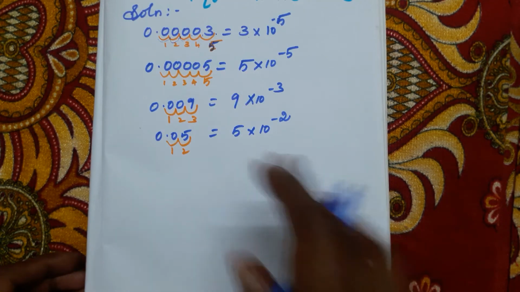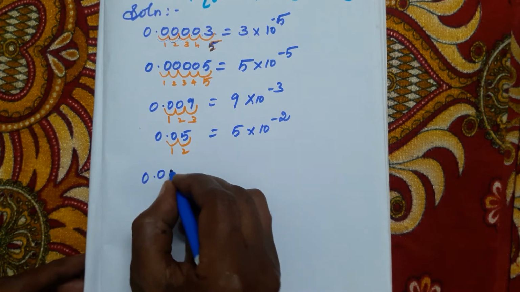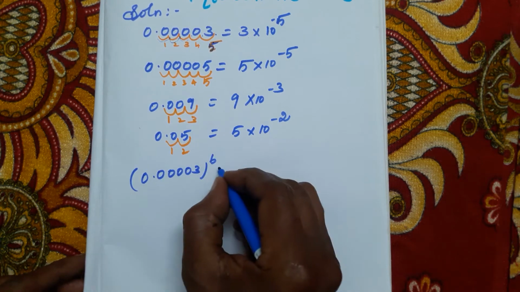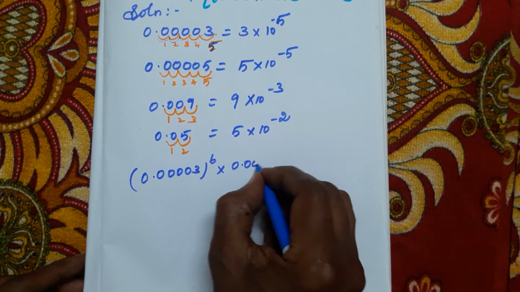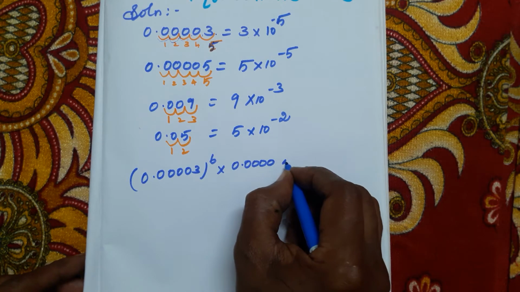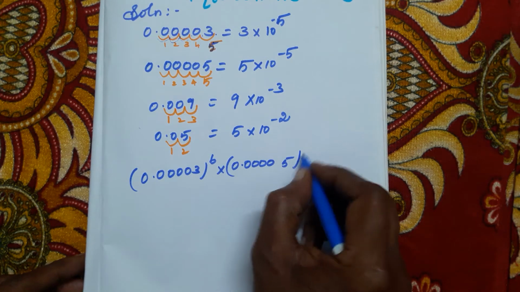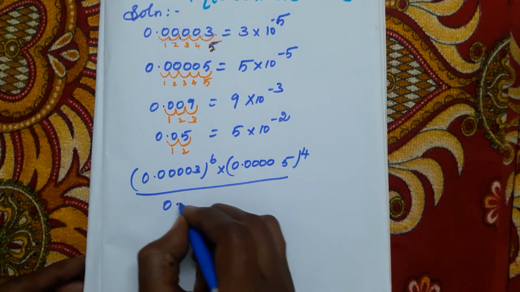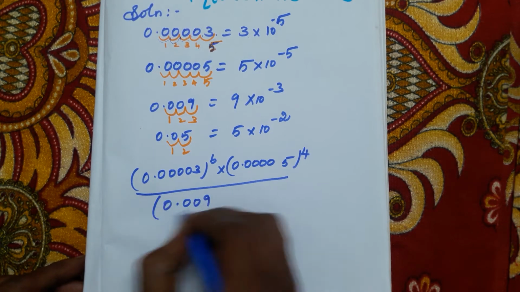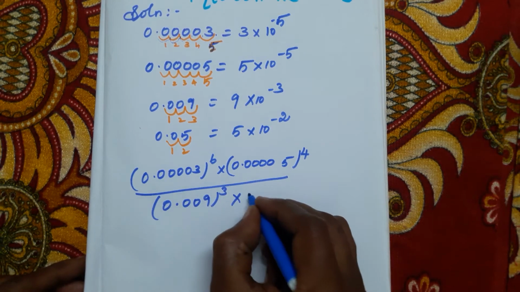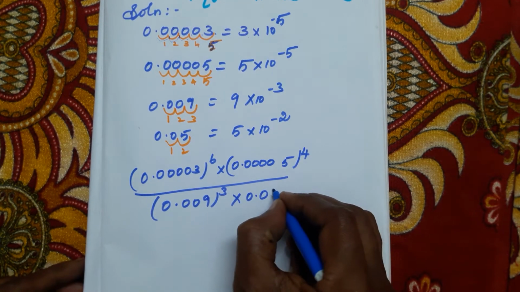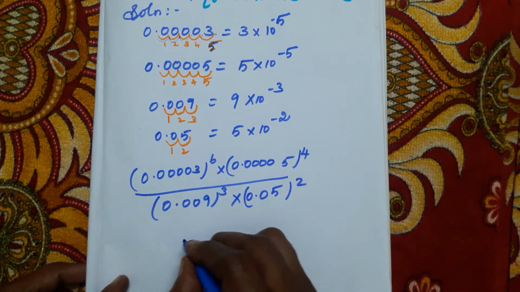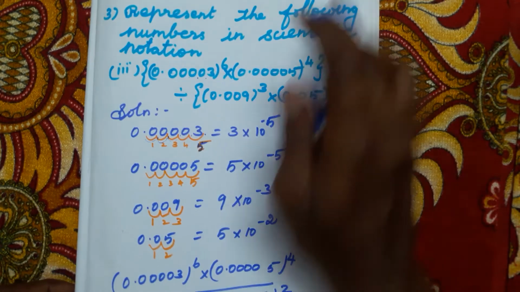Now 0.00003 the whole power 6 into 0.00005 the whole power 4 divided by 0.009 the whole cube into 0.05 the whole square is equal to, we can substitute the scientific notation.